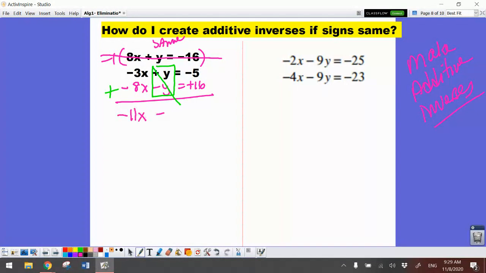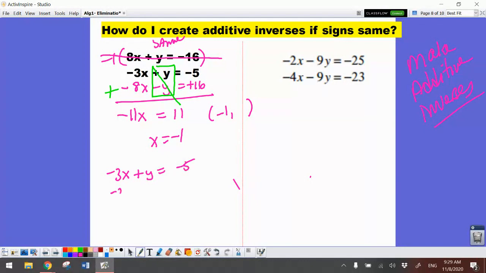All right, let's see how you did. So if I add down -3x, -8, and -5 plus 16, that's 11. X is going to equal -1. All right, so it doesn't make any difference which equation I use. I can use the one I crossed out, the second one, or the third one. It doesn't matter. I'm going to go ahead and use the second one just because I can to mix it up a little bit.